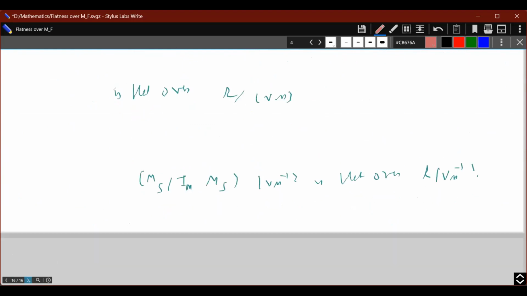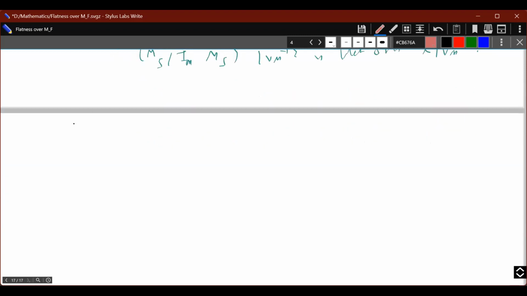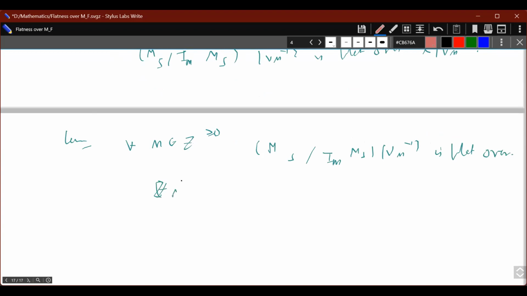Now, the last lemma. So for positive integers now, it was flat over. Right.